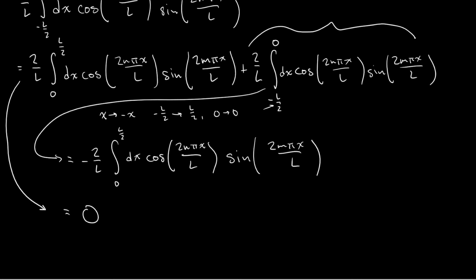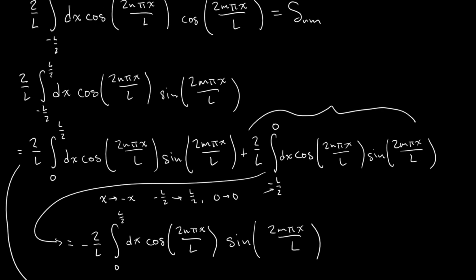This is actually a super important thing to keep in mind, so I'll write it up here. This is why the symmetry of the functions you're dealing with is very important. I have a symmetric range about 0, going from minus L over 2 to L over 2. It's symmetric on either side of 0.